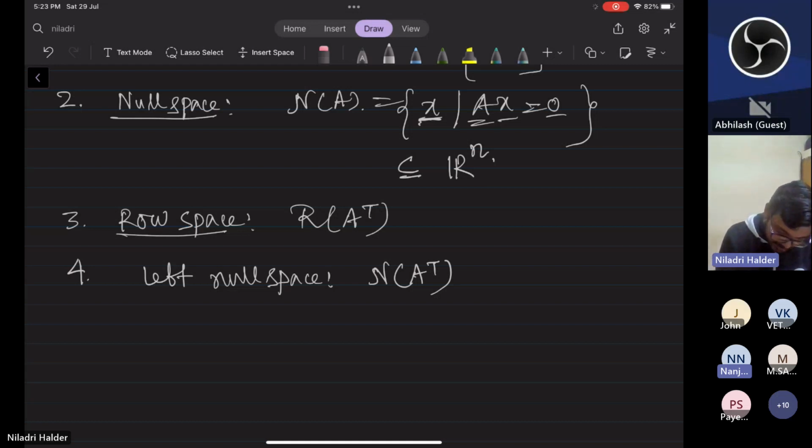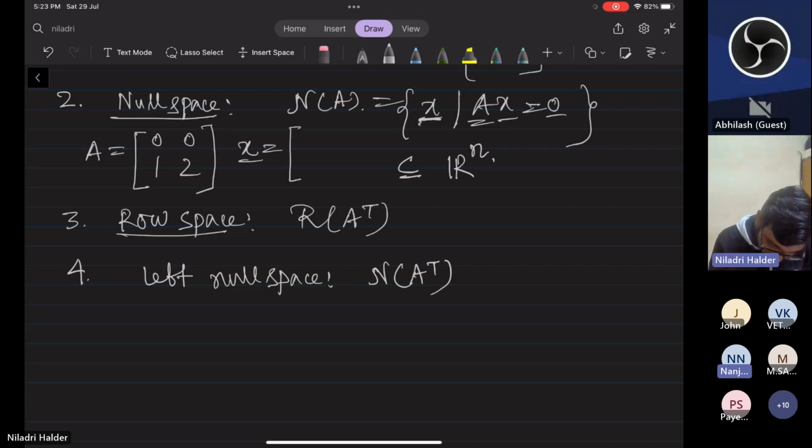Suppose A is a matrix with rows 0, 0 and 0, 2.